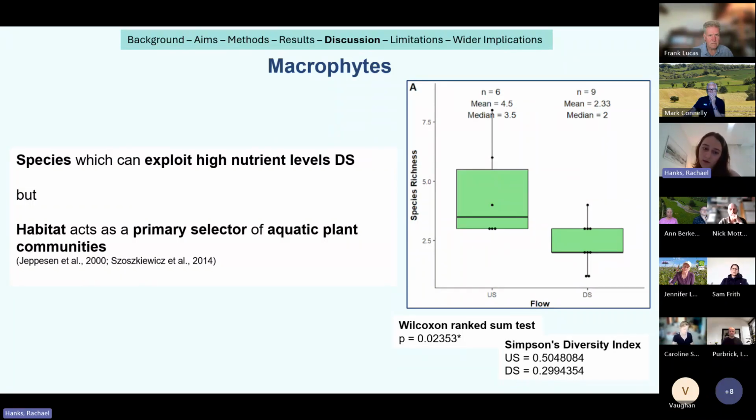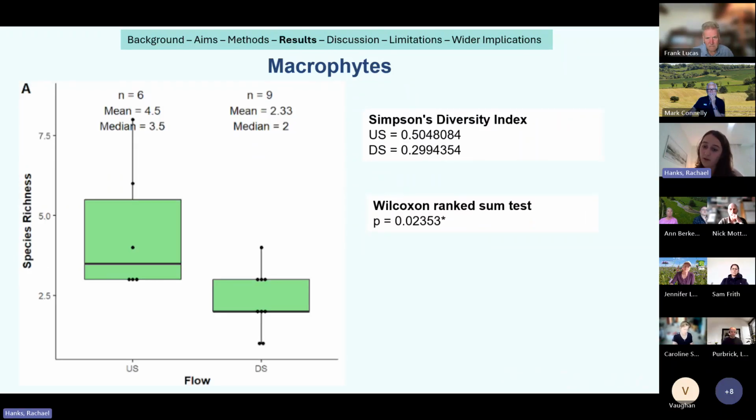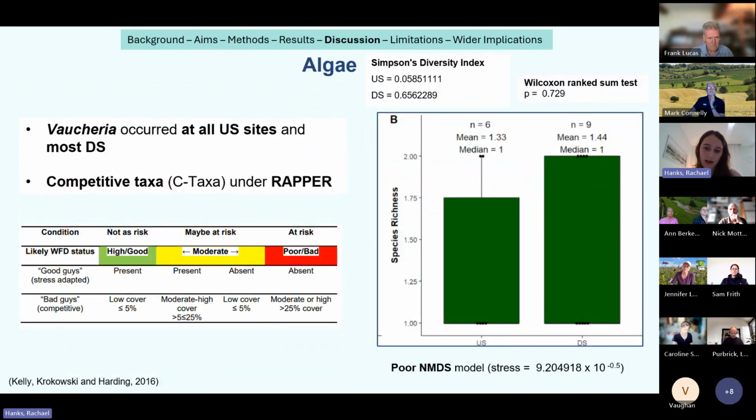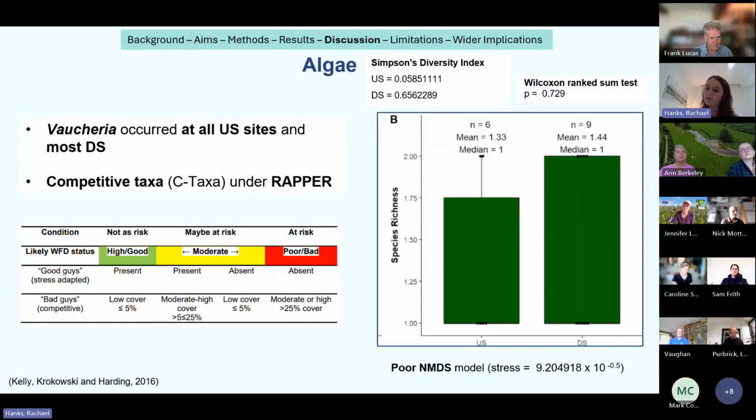It's genus level that it's identified. I think I only got about 3 or 4 species or families of algae. It was not many at all, but that is how they're identified in RAPA as well. They're grouped more so into good guys and bad guys: competitive and stress tolerant, or stress adapted.